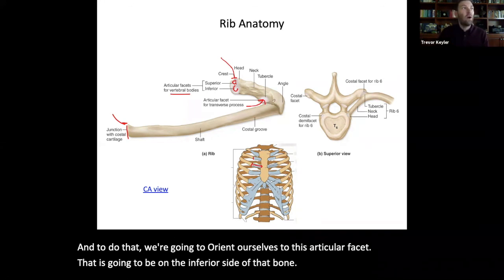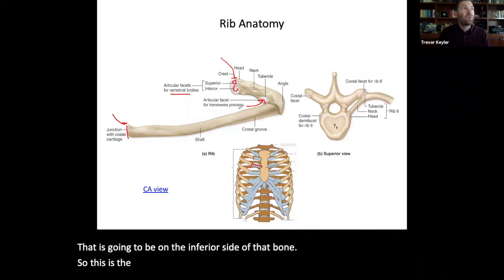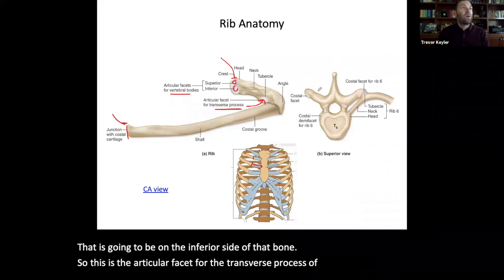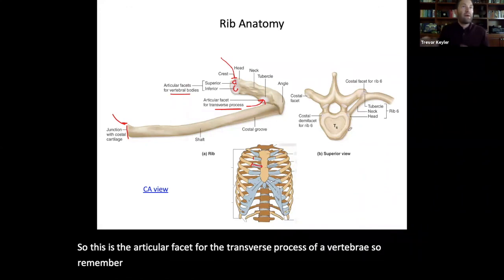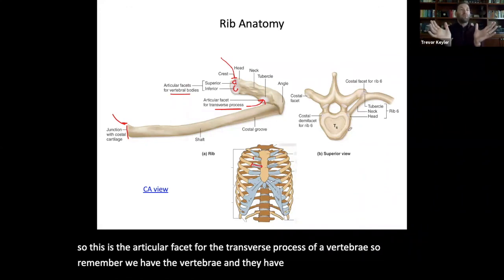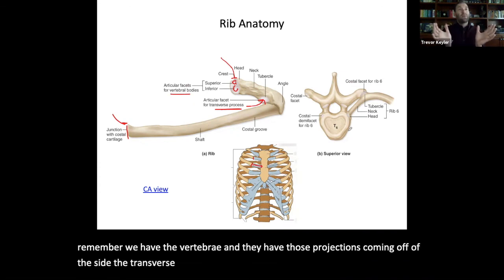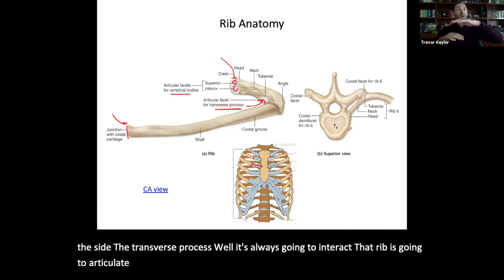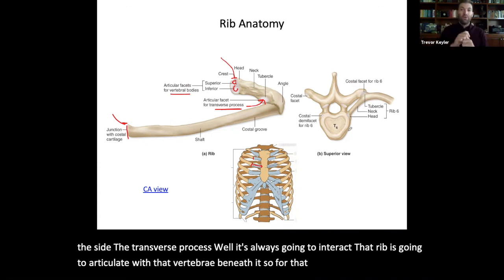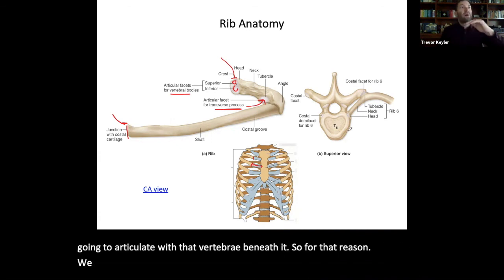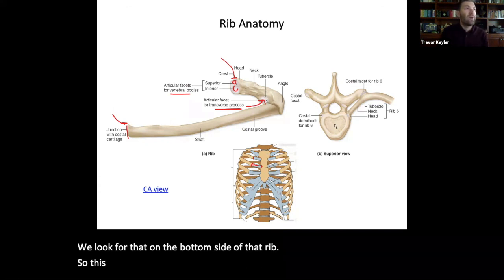This is the articular facet for the transverse process of a vertebra. Remember, vertebrae have those projections coming off the side, the transverse process. That rib is going to articulate with the vertebra beneath it. So for that reason, we look for that on the bottom side of the rib. So this articular facet will be on the bottom side.